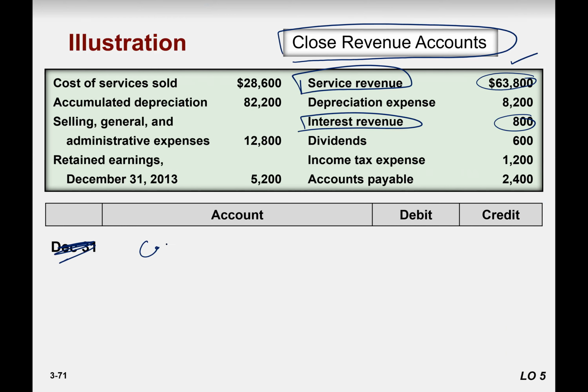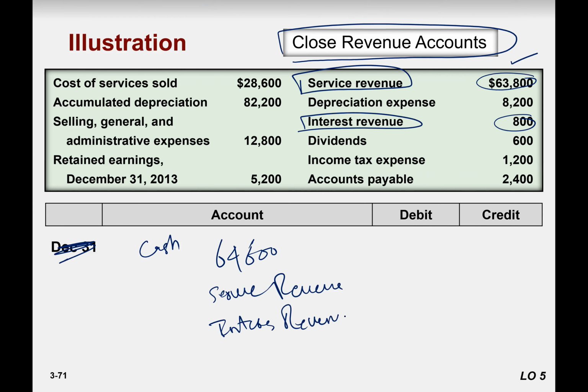We made, for example, cash, which is 64,600, to service revenue and interest revenue, which is 63,800 and then 800, right?